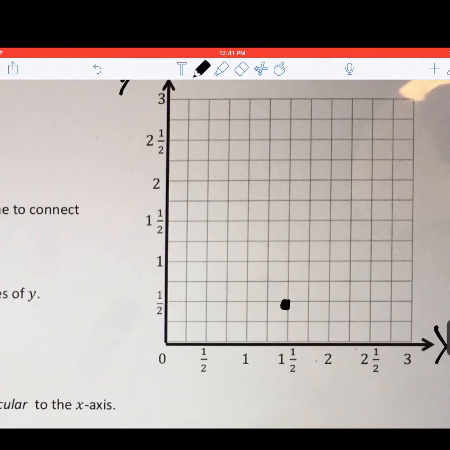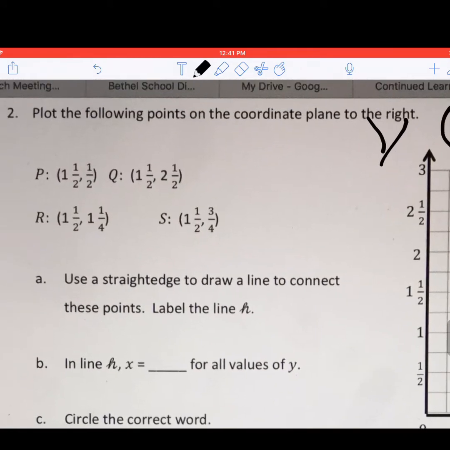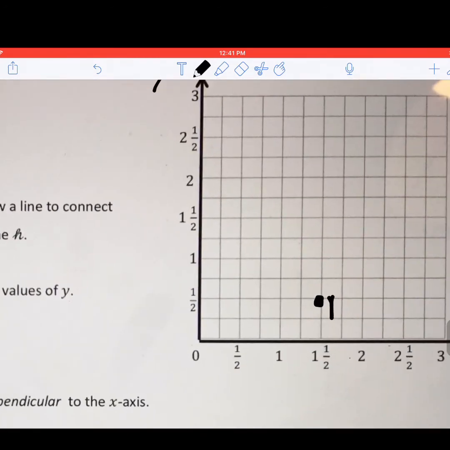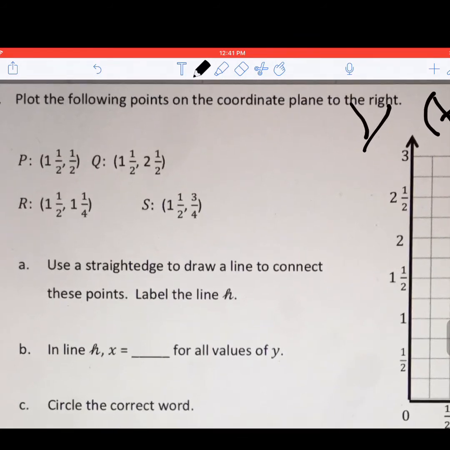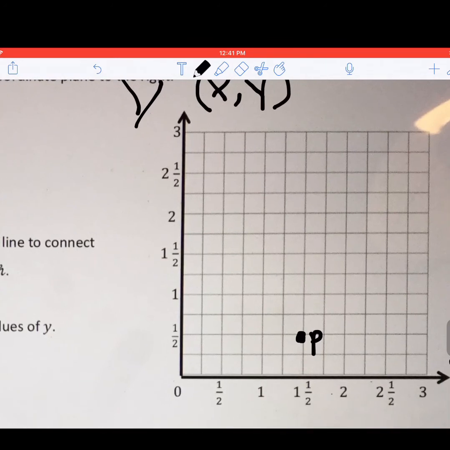So I find where they meet, and I put my point and label that P. For my next point, it says 1 1/2 as my x and 2 1/2 as my y. So I go back to my grid, I find my 1 1/2, I find my 2 1/2, and I put my point down for Q.